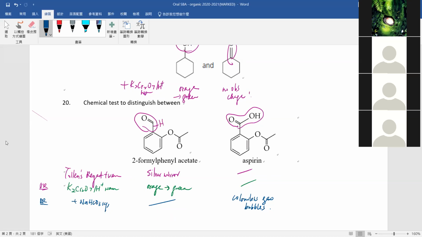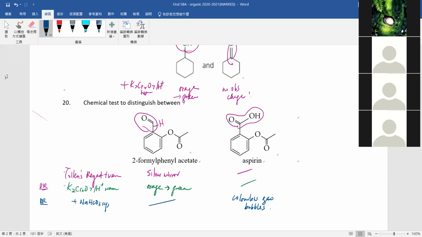For acidified dichromate, theoretically you have to add warm. But in a practical sense, it depends on the type of alcohol. For some alcohols, we have a very rapid reaction, and no heating is required, and there is a color change. But to be safe, you had better write warm besides that.